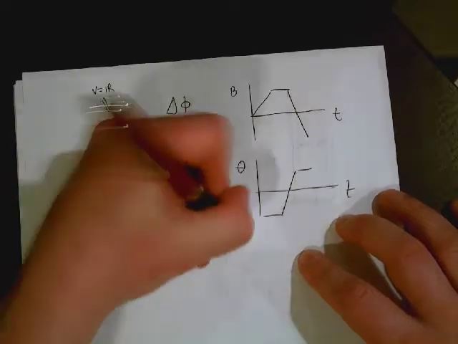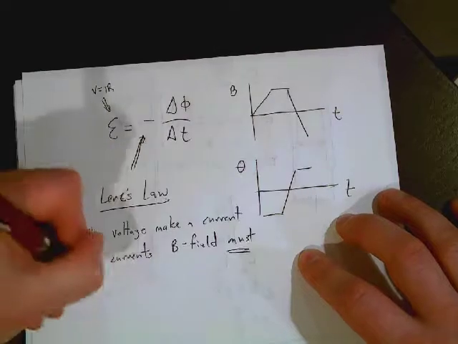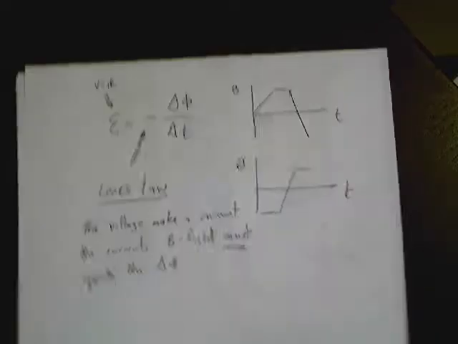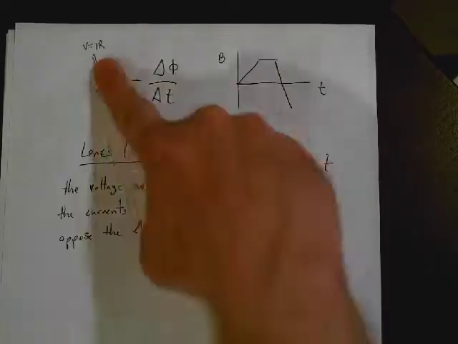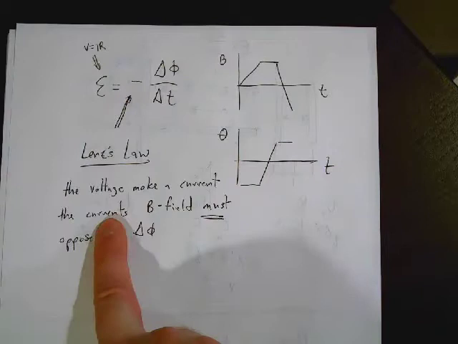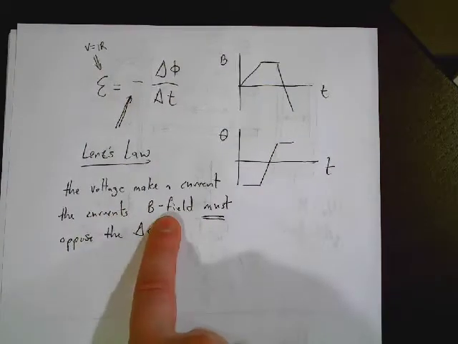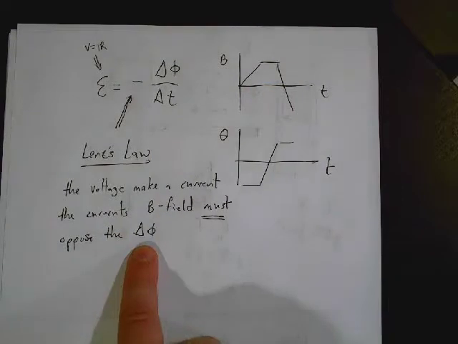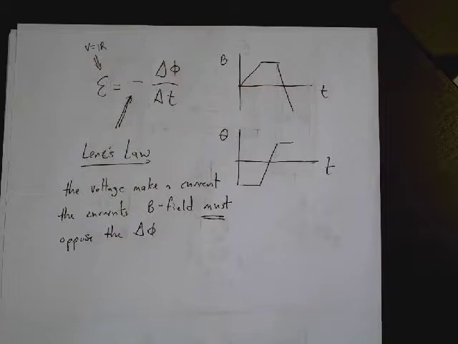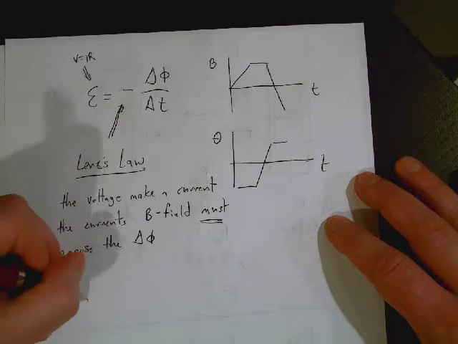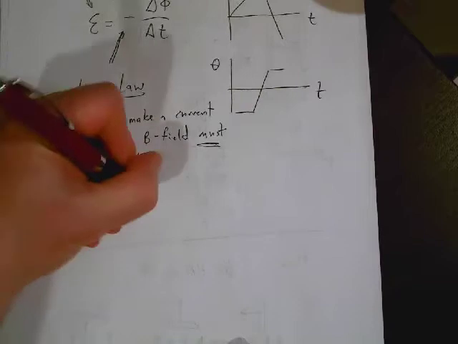That's just voltage. Okay, Lenz's law states, hey, this voltage, if your loop is a conductor, will make a current. This current is going to have its own magnetic field. This current's magnetic field has to oppose the change in flux.